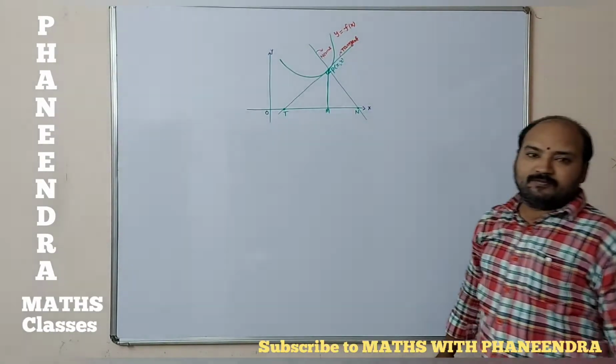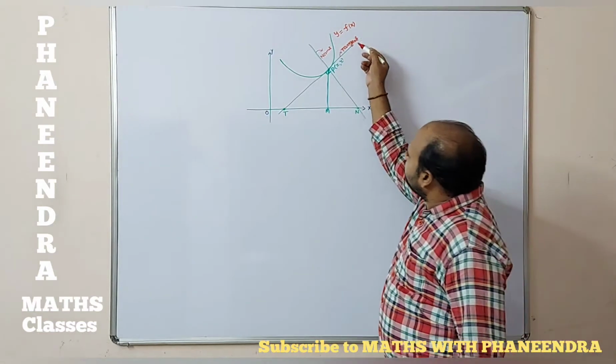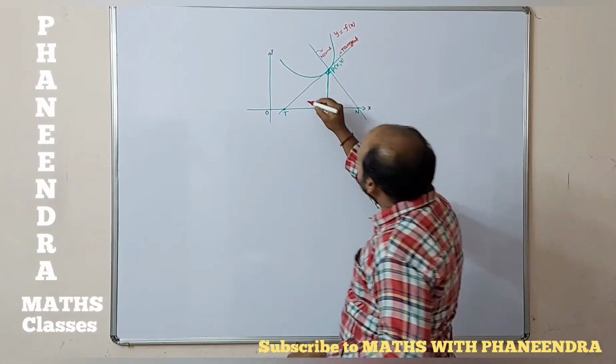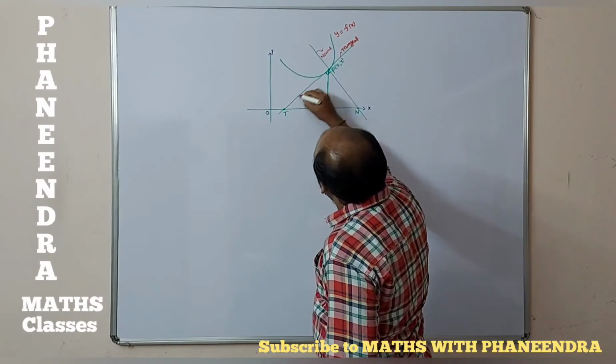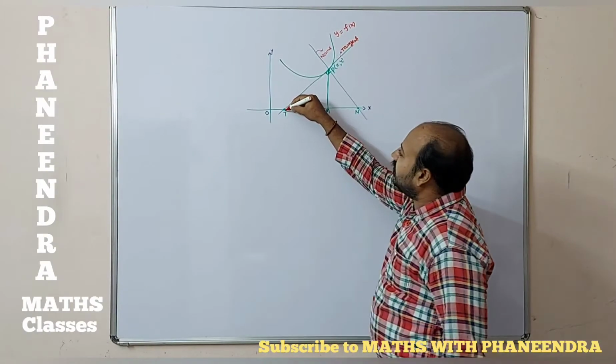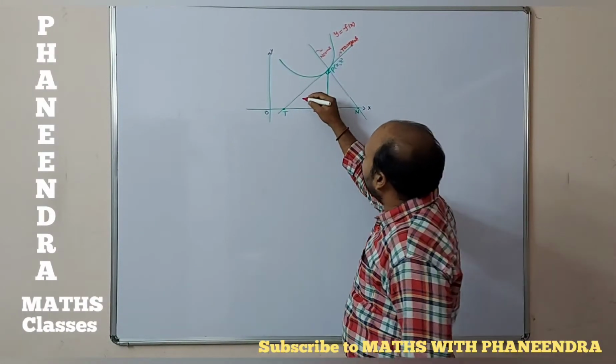This is tangent. So this tangent meets x-axis at the point T. So this is called length of tangent. You remember, from point P to the point T. So PT is called length of tangent.